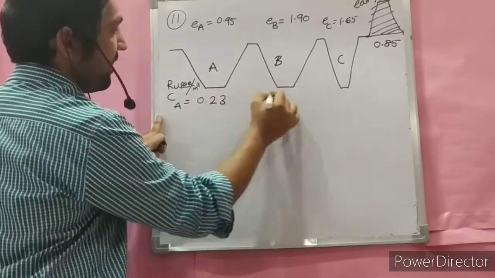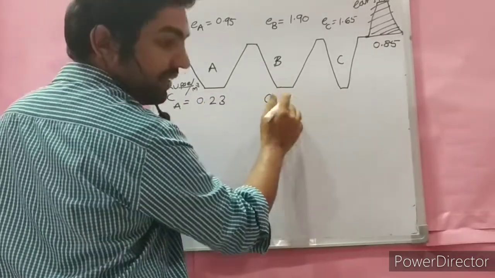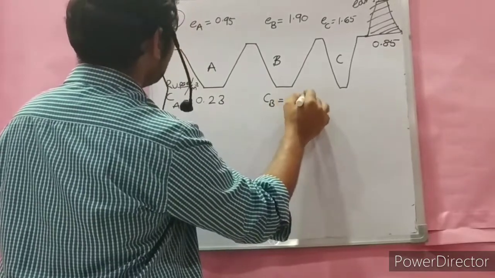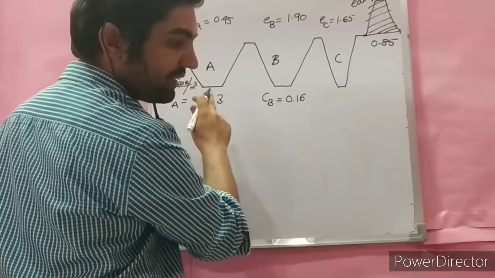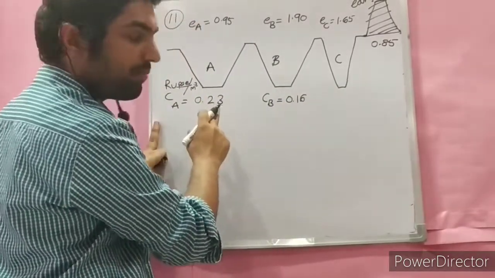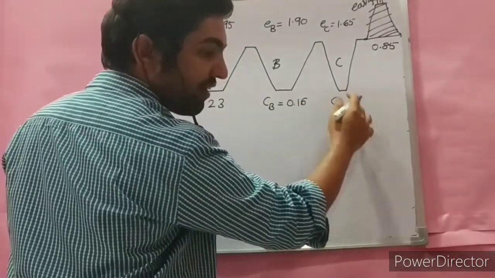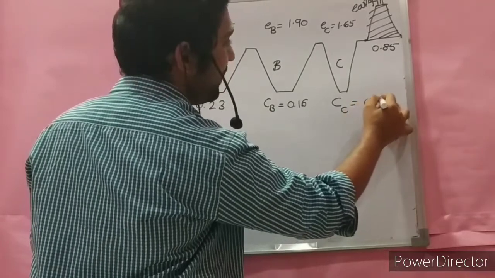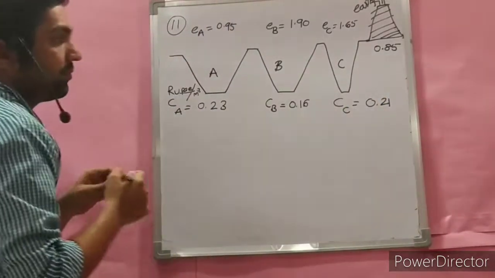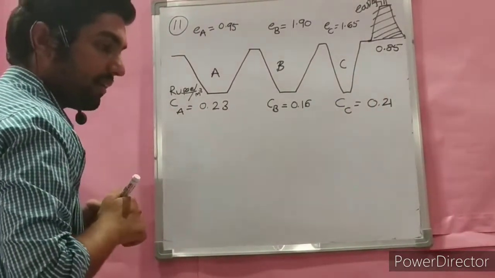For B, it is 0.16. Per meter cube means here you have to see it is volume. Cost for moving the earth for borrow pit C is 0.21. This is the required data.